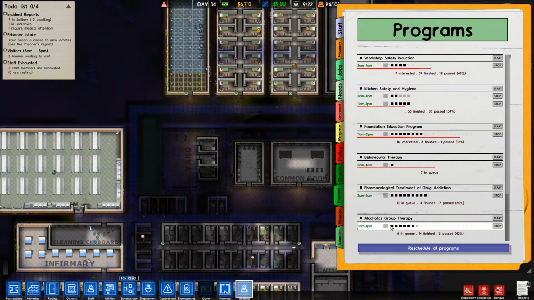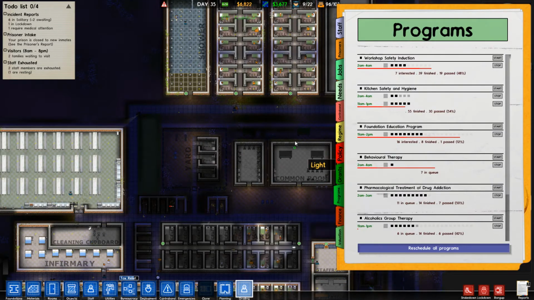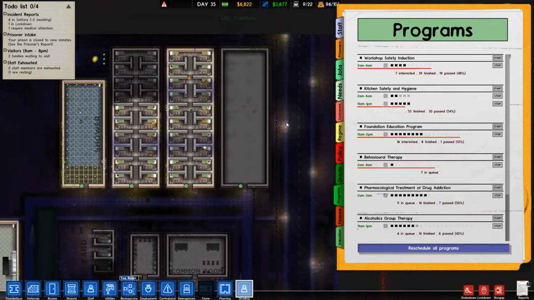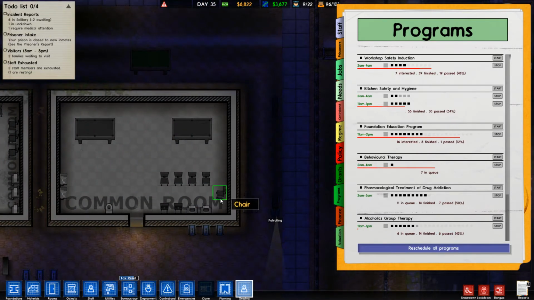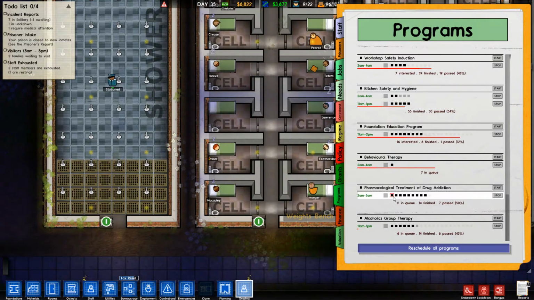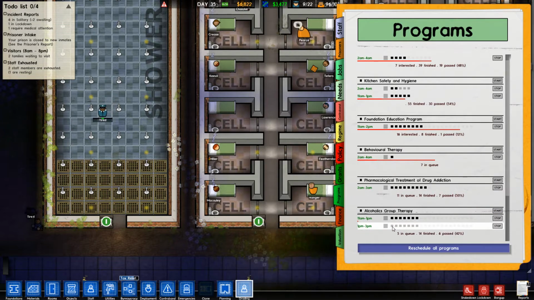Pharmacological, or the alcohol group, 6 in Q. Let's see, 20 places, 10 sessions, led by psychologists in the common room, session length 2 hours, each prisoner requires a chair. Okay, so it takes the room which has 6 chairs, which would be this one? Yeah, probably this one. So if I start another session, I will probably need another psychologist as well.